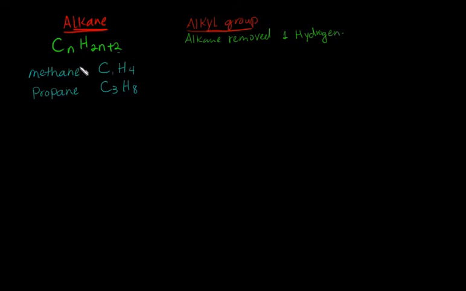So if we have methane and we remove one hydrogen from it, it will be CH3. If we have propane and we remove one hydrogen, it will be C3H7.